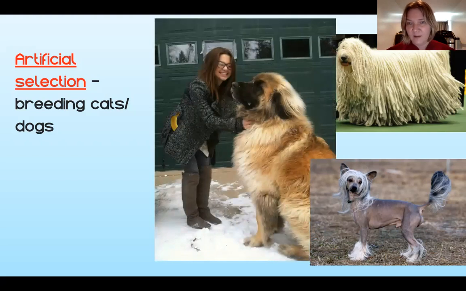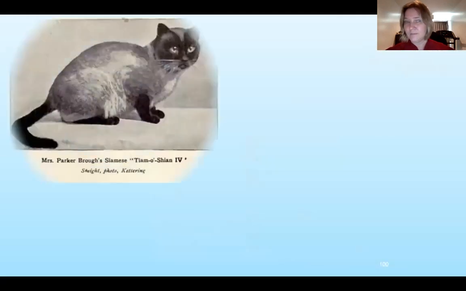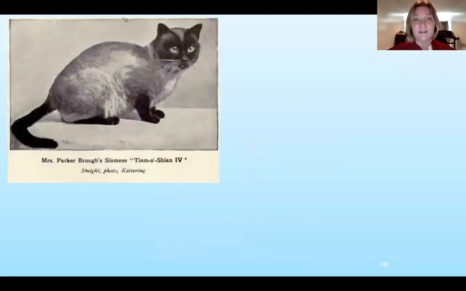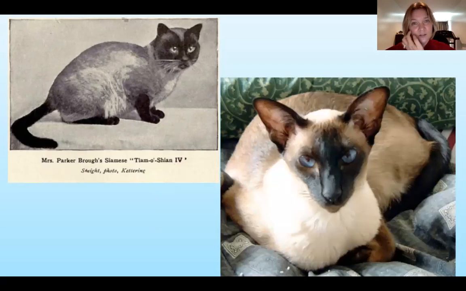And there we have, I think that's called a Caucasian, I'm not sure. This is what Siamese cats used to look like. The coloration is the same, with the black feet, black tails, dark ears and face, and the rest of it kind of a brownish color. And this is what we've turned it into.